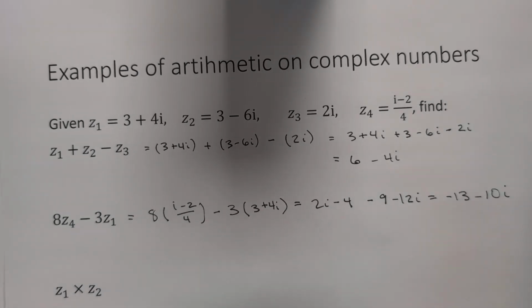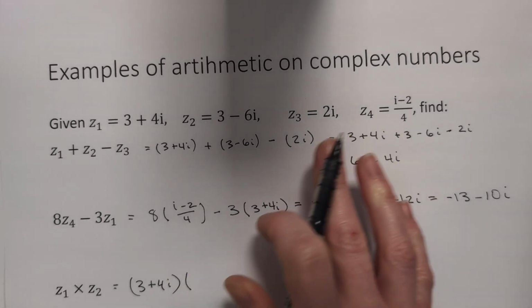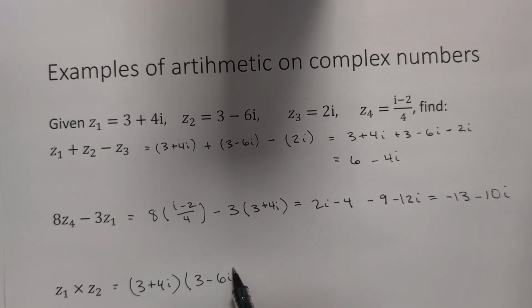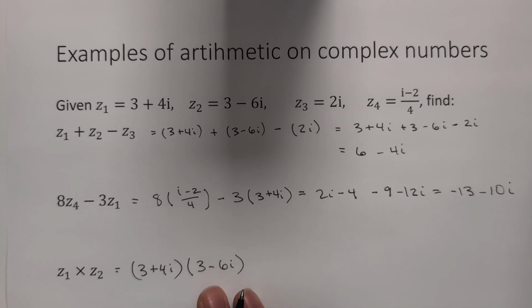And then a multiplication example where we're multiplying complex numbers. Z1 is 3 plus 4i times Z2, 3 minus 6i. Remember to FOIL. If you're thinking of it that way, multiply all the terms in the first by all the terms in the second.